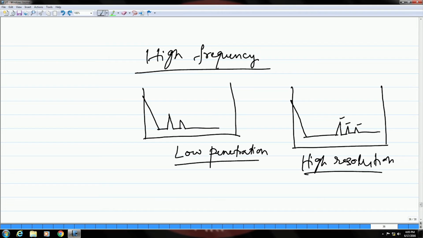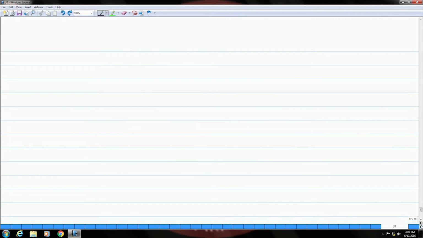So, when you talk about the defect signal or the detectability of a defect, then one parameter comes into picture, which is known as signal to noise ratio.